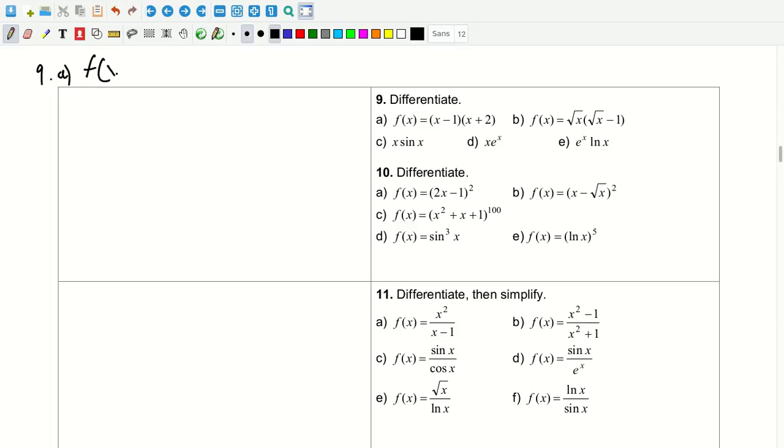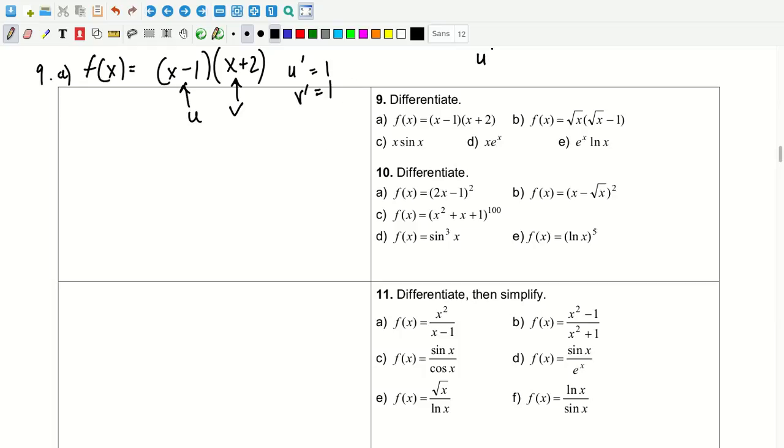We've got f of x equals x minus 1 times x plus 2. So the derivative, again, is a product rule, so it's going to be u, v. And I like to split things up a bit. I think it's easier to do it that way. So u prime equals 1. v prime also equals 1. So it's very straightforward.